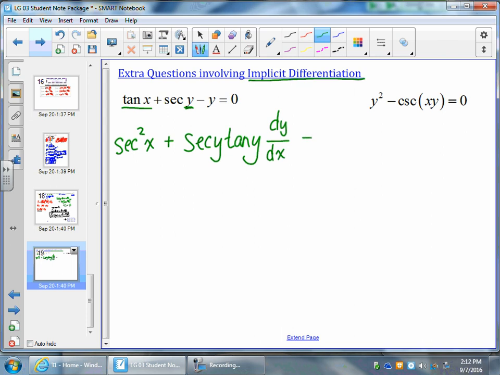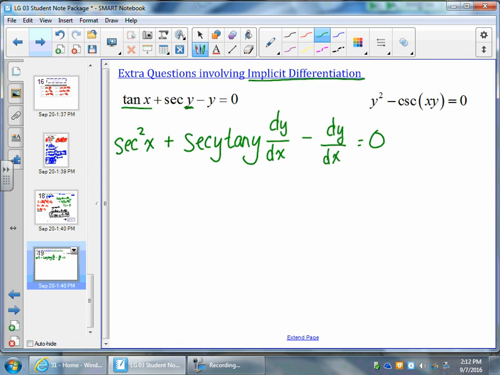Okay? Minus y. So again, the derivative of y is again going to be dy dx, and that's going to be equal to our 0. All right. So now what we need to do is isolate our dy dx, because remember, that is the form that our answer needs to be in.